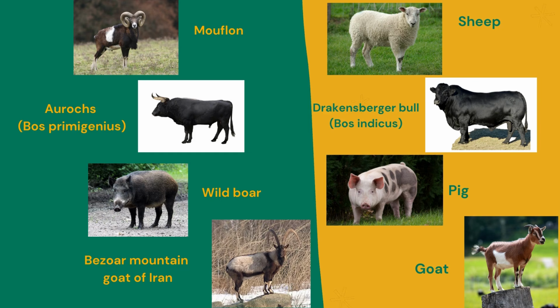Pigs also come from a wild boar, as well as goats. They also come from wild animals. So most of the current domestic or livestock that we have today, most of them come from wild animals. Some of them are extinct and some of them currently exist.